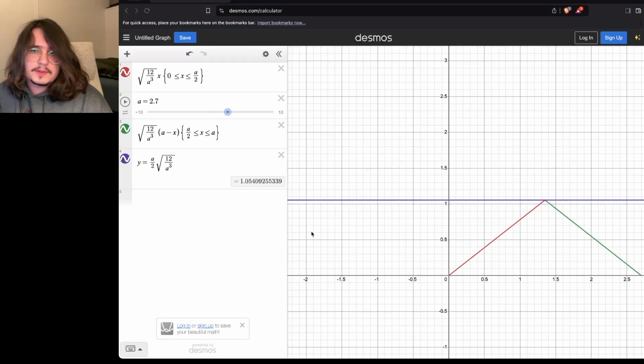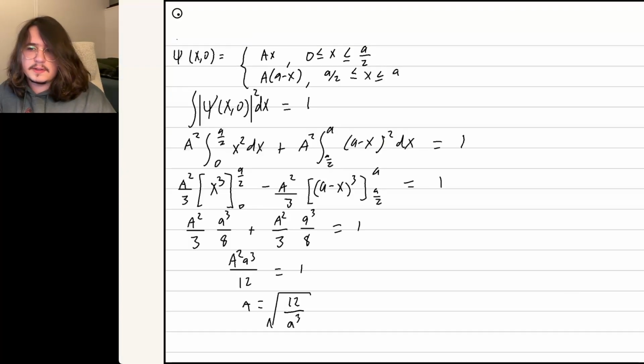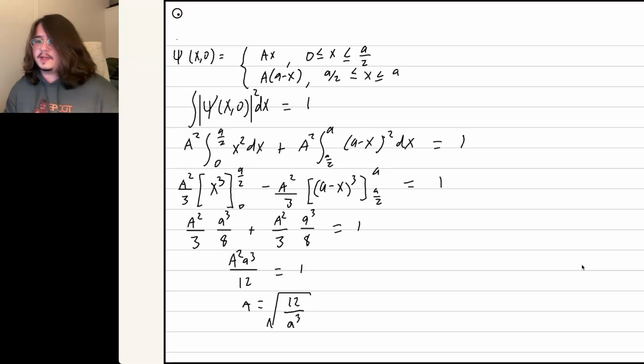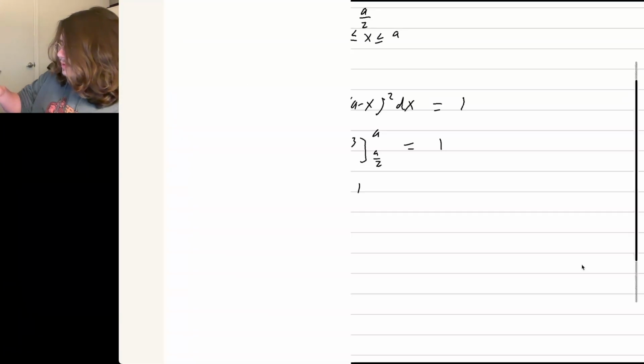So switching back over to the solution, we need to now turn it into a time-dependent wave function.